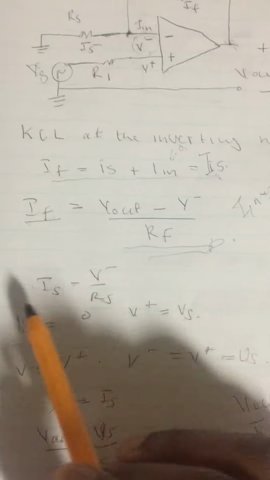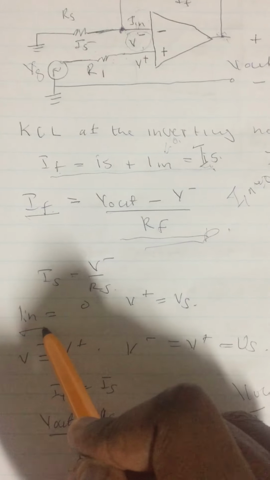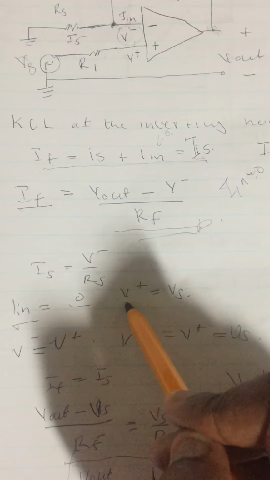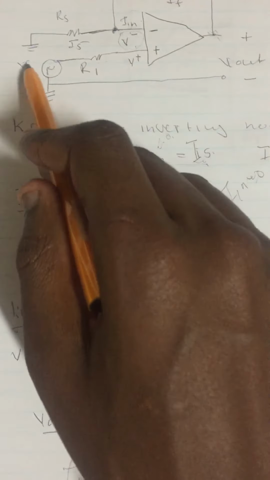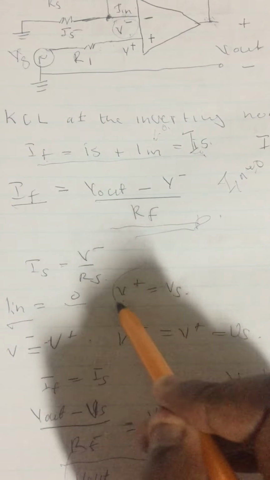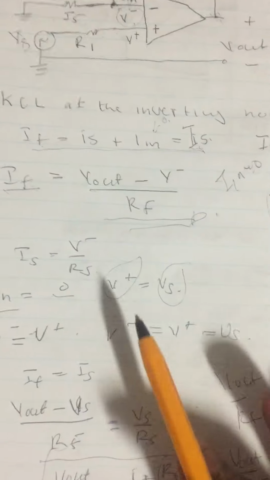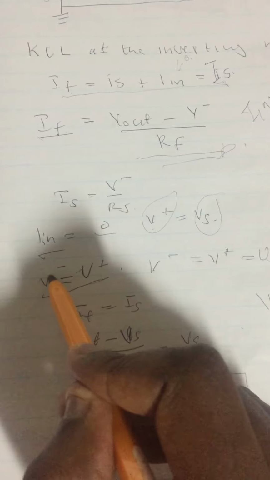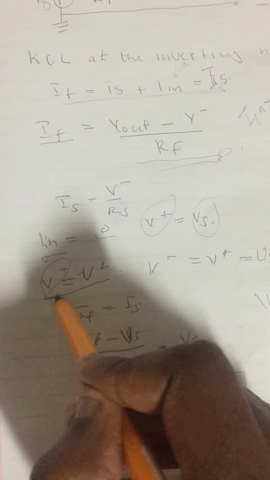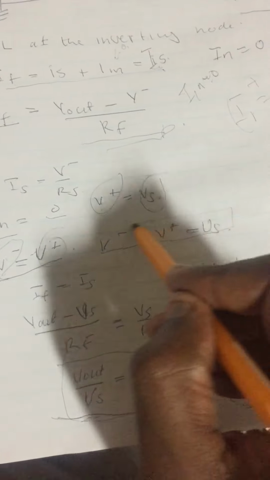From there, we know that I in is equal to 0. V plus is equivalent to Vs, the source. So where we see Vs, we know another piece of information, V negative is equal to V positive, which is equivalent to V plus.